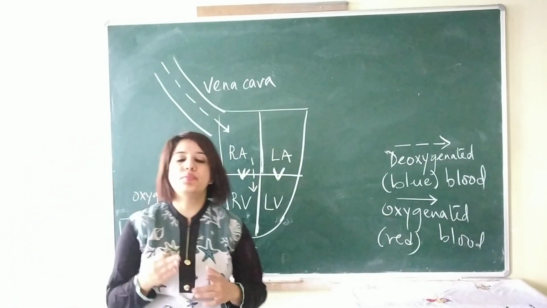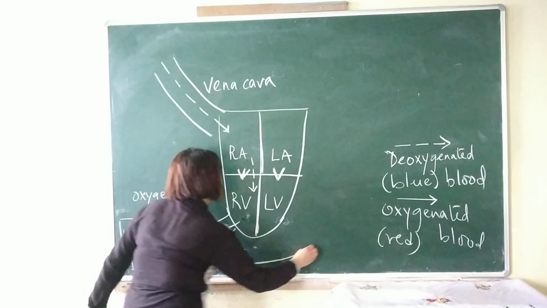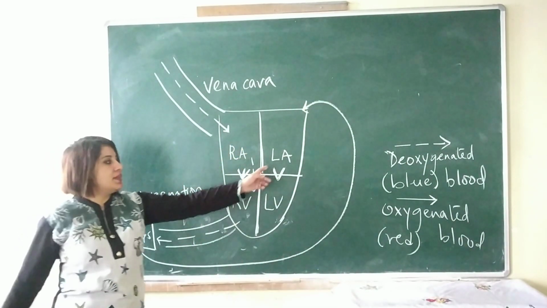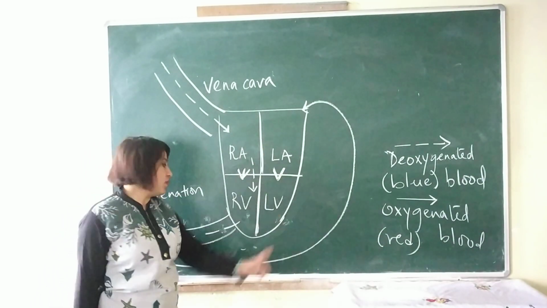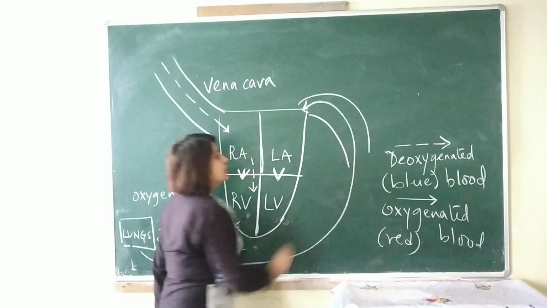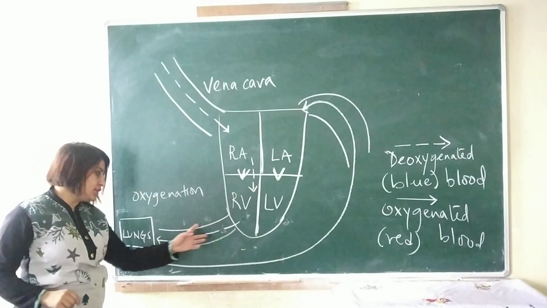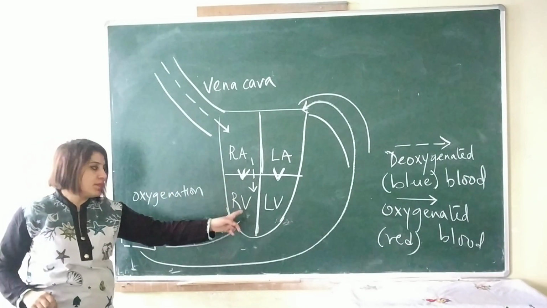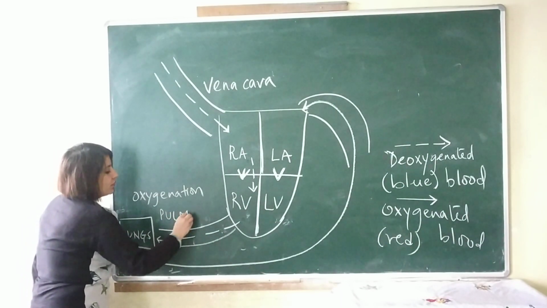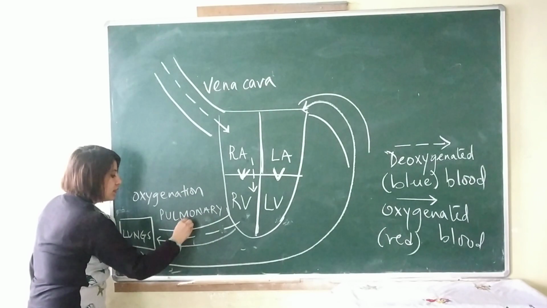Now, once the blood becomes oxygenated in the lungs, the blood enters the left auricle. Okay, I forgot to tell you the name of this blood vessel. The blood vessel that carries deoxygenated blood from the right ventricle to the lungs is the pulmonary artery.